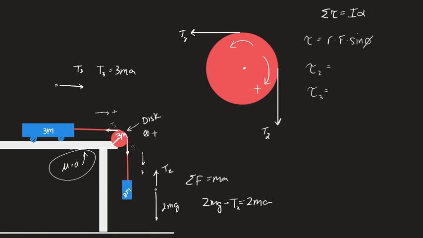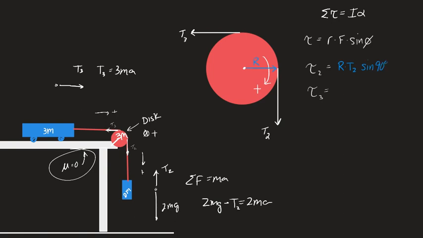Now I'm just going to go ahead and erase that other arrow and start by looking at the torque arm. Looks like the radius of the pulley will be the torque arm for tension 2. So R times T2 times the sine of 90 degrees.